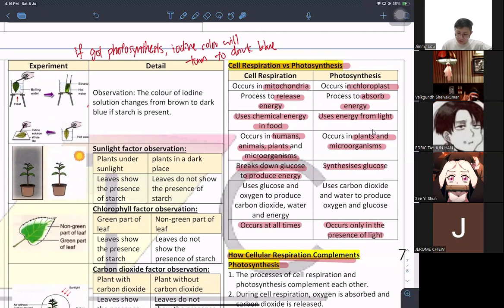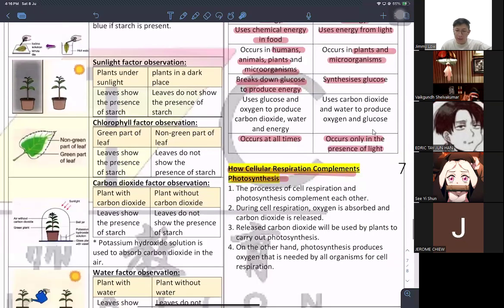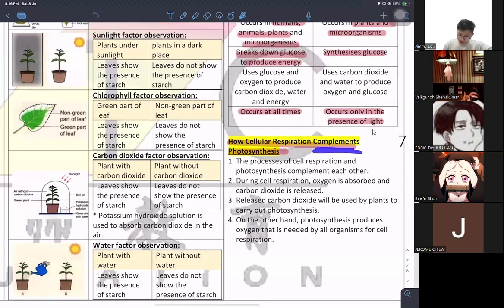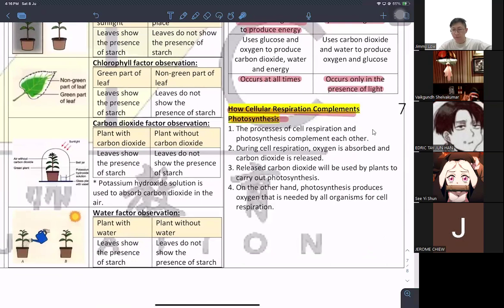But eventually, not every single organism, but they rely on these two things to survive. Why? They are complements, which means they help each other. For example, if now we don't have photosynthesis, we just have cellular respiration, then all the organisms will die. Same goes if we have photosynthesis but no cellular respiration, then the rest will die.